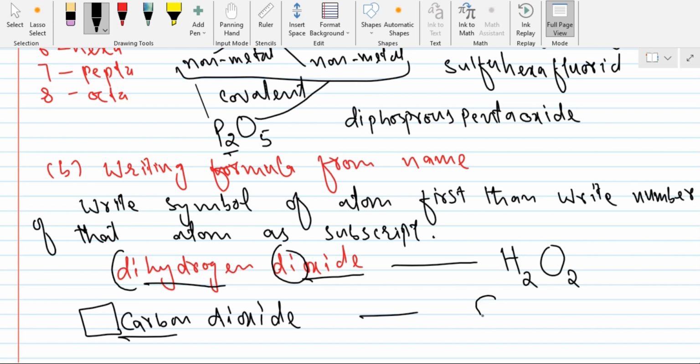So the symbol for carbon is C, with 1 atom. Then dioxide: oxide refers to the symbol O, and di stands for 2. So the formula is CO2. As I said, we can ignore the 1. You have to practice as much as you can.